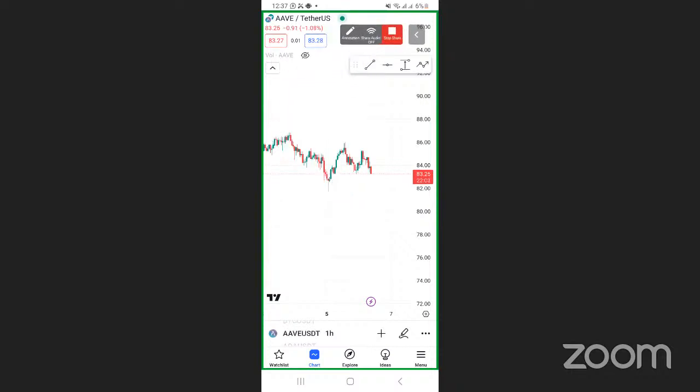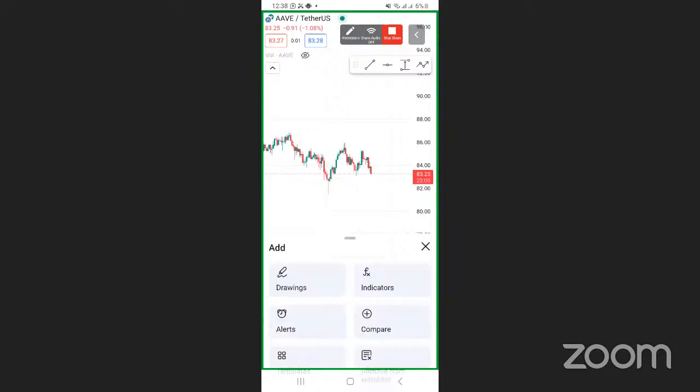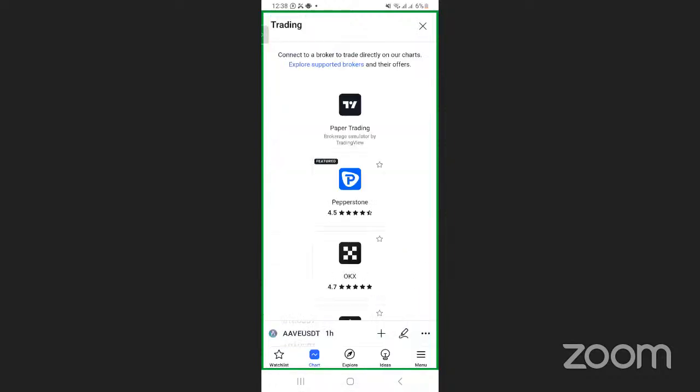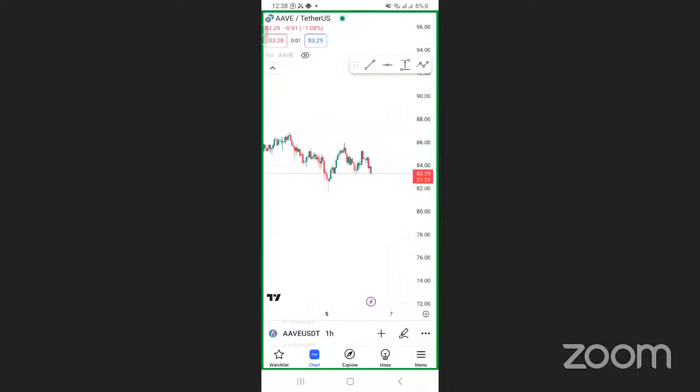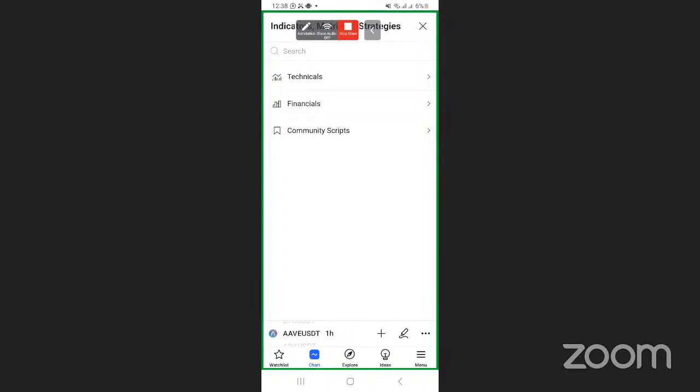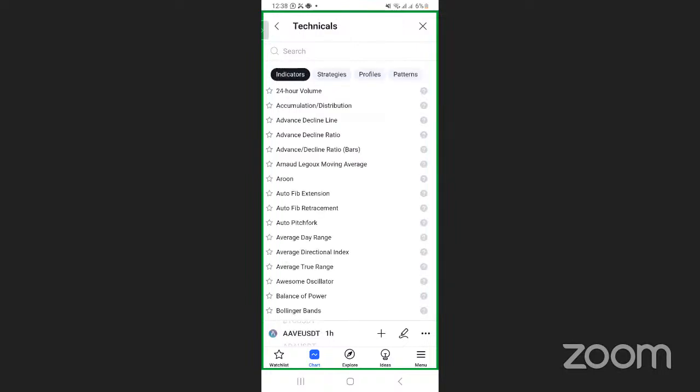So I come on the plus sign, click on it, and then I look for the word indicators. Indicators is here. When I see the word indicators, I click on it. Then there are very many indicators: community scripts, financial, technical. Because we are doing technical analysis, we look for the technical indicators.